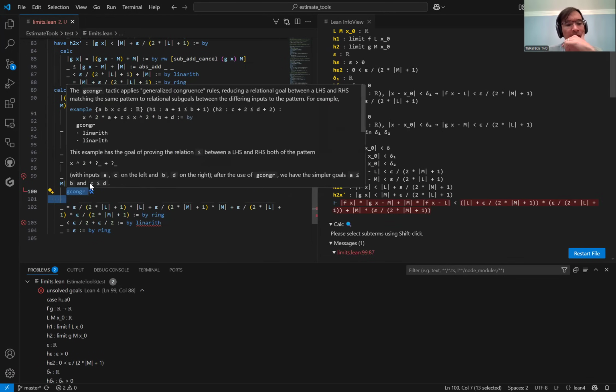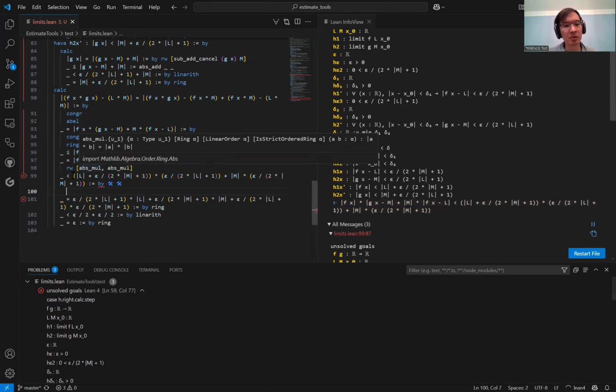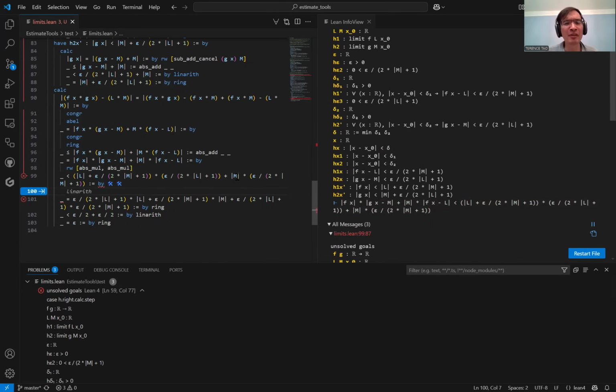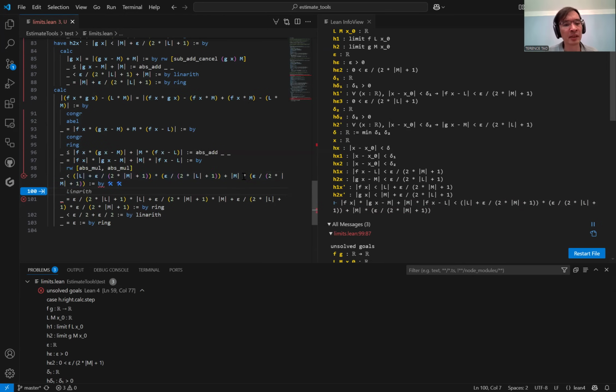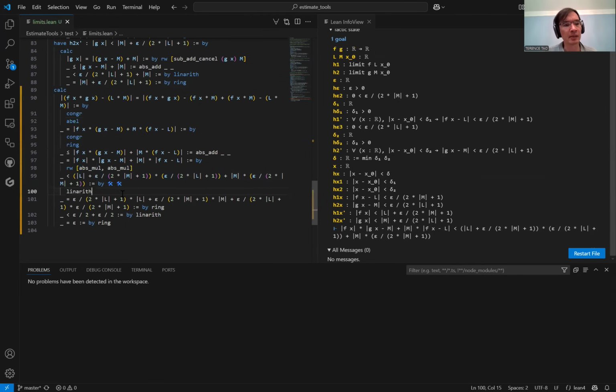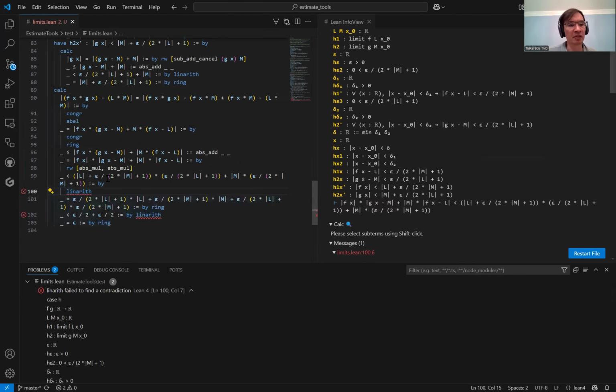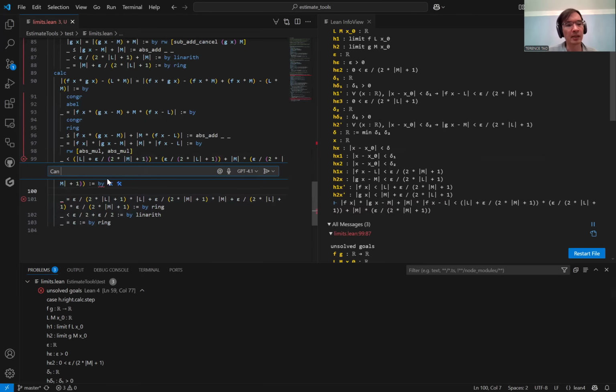Actually, I want to split it into two inequalities, so that m can vanish. So this one can be a non-strict inequality, but the first one will be strict.